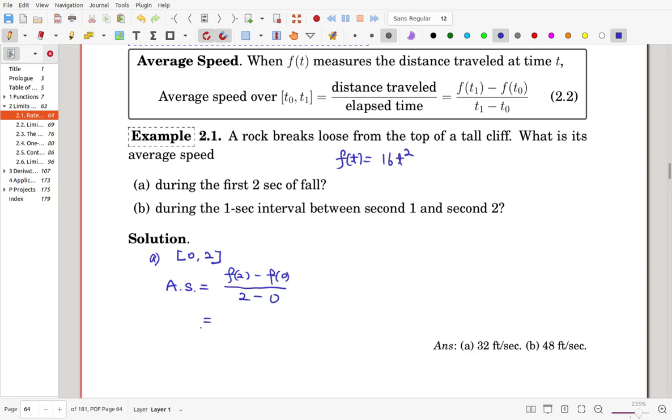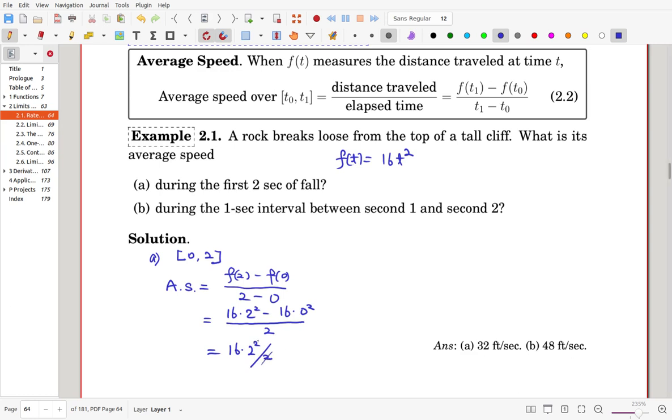So f of 2 is 16 times 2 squared, minus f of 0, which is 16 times 0 squared, over 2. The second term in the numerator is 0, and the first one is 16 times 2 squared over 2.